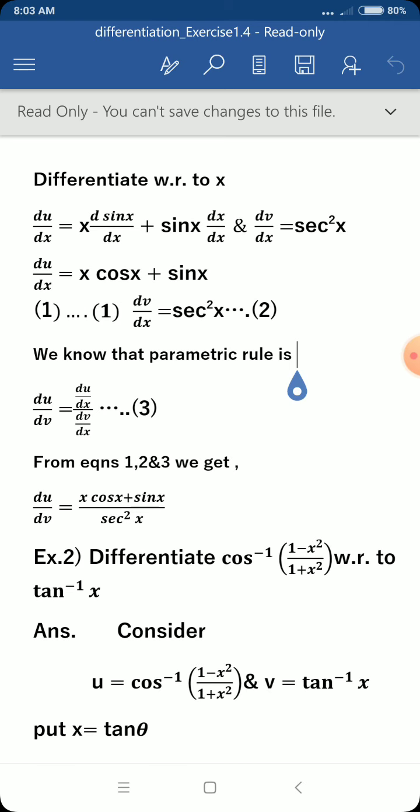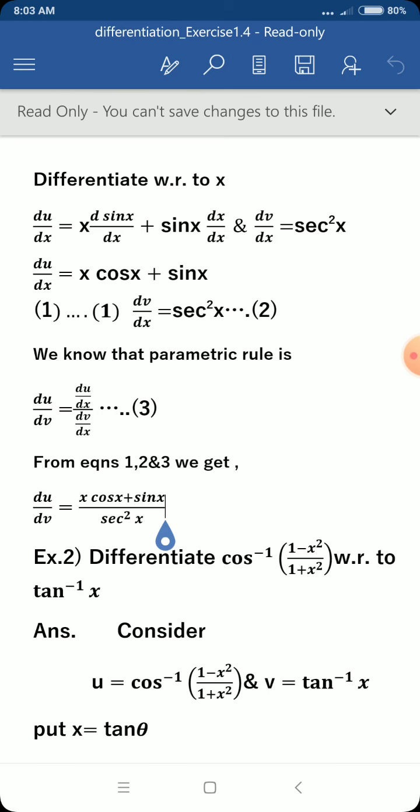Now, from equations first, second, and third, we can put the values of du upon dx and dv upon dx from equations first and second in equation third.